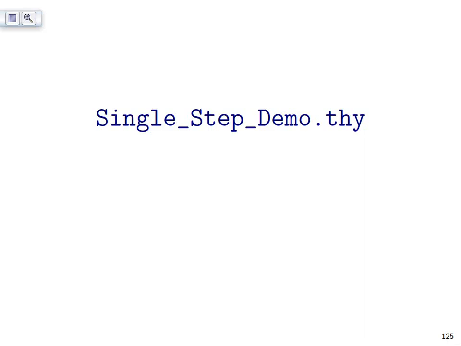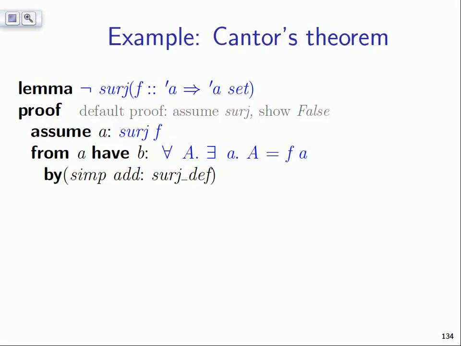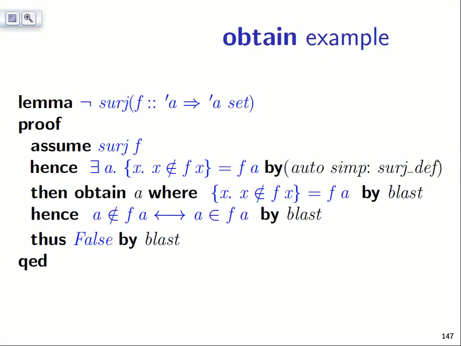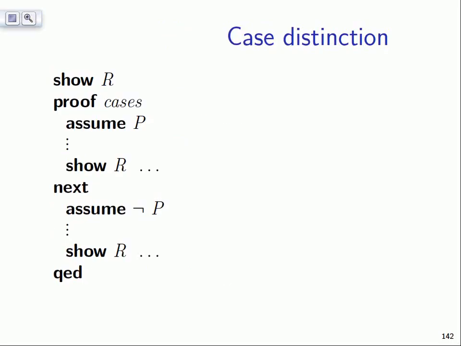I think it's a better idea to look at this, which comes next week, and which has proof patterns, like how do I write a proof that works with a case distinction?